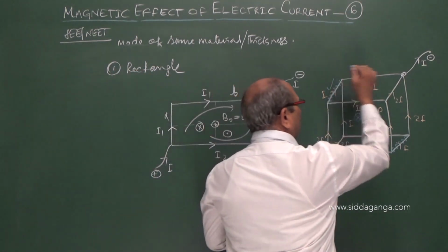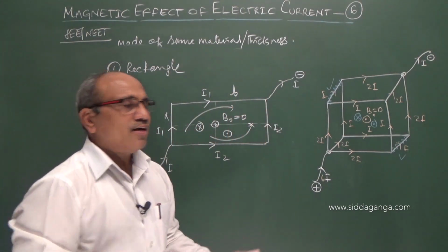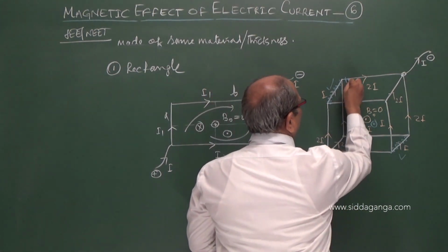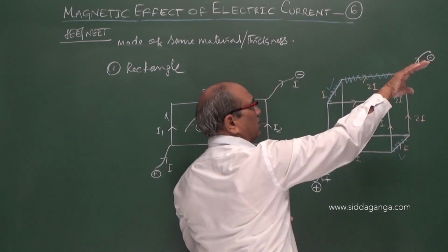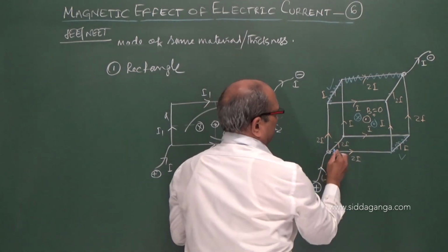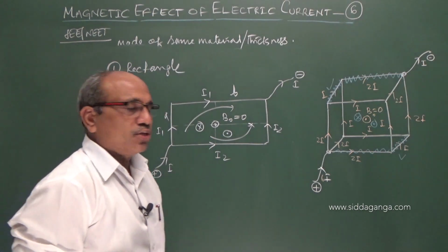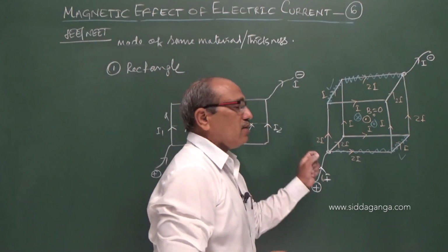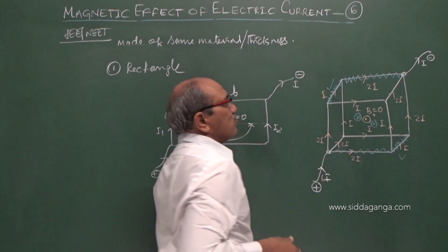This part produced the same field but in the opposite direction, they mutually cancel, and these two parts cannot produce a field. Suppose you take this part. How much does it produce? Let us think the current is going into the board. Same 2I comes out of the board here. So for every arm of the cube, there is a diametrically opposite arm which produces the same magnetic field but in the opposite direction, and the net field at the center is again 0.